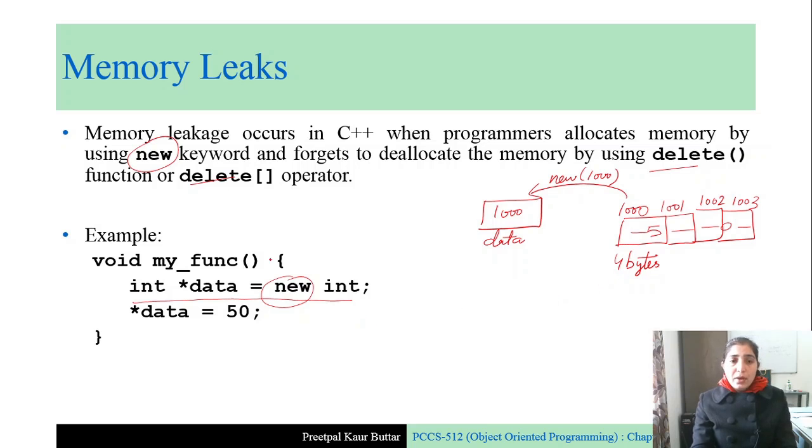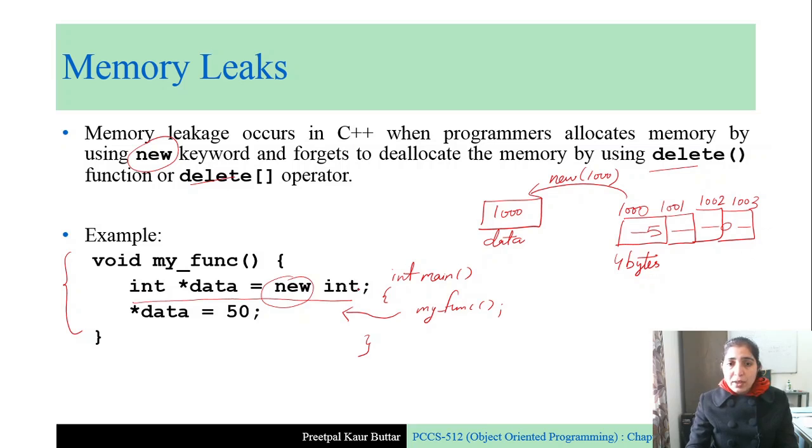Now this is a local variable. This pointer variable is a local variable to this function. Suppose this is the main function here, int main, and in the main function you call my function. So what will happen with this? The control will go to this function, and it will create a pointer variable data, and that pointer variable will point to some memory.